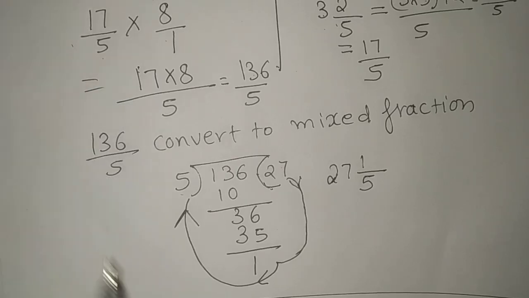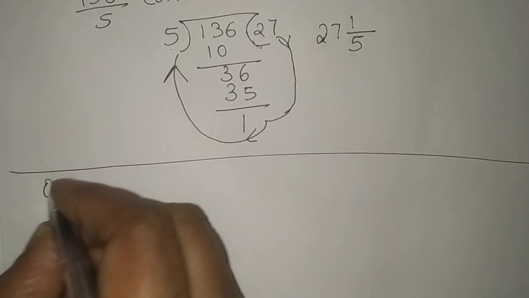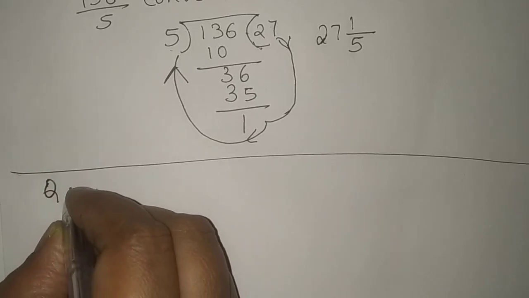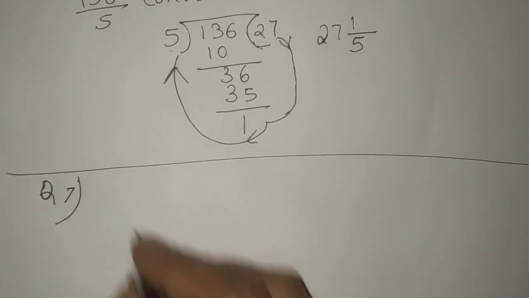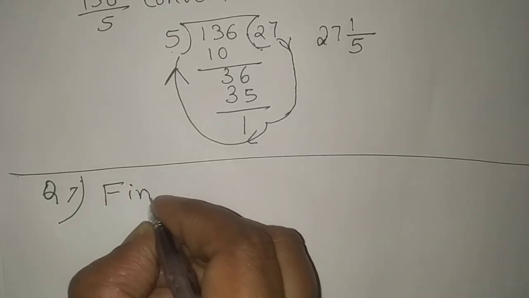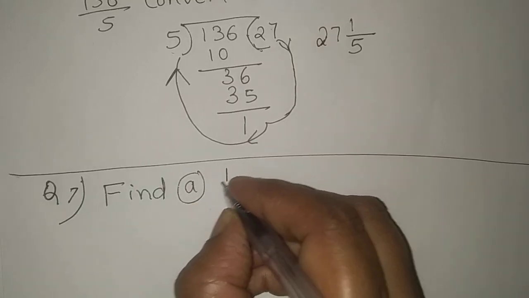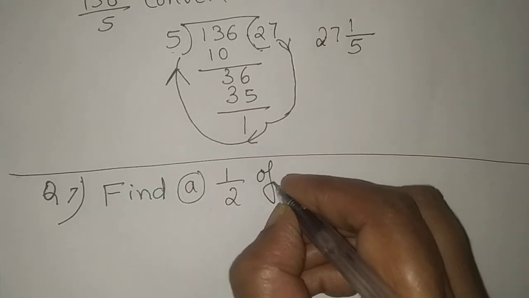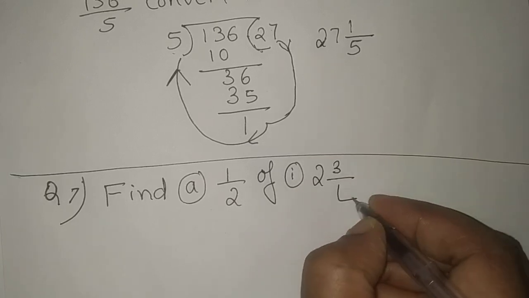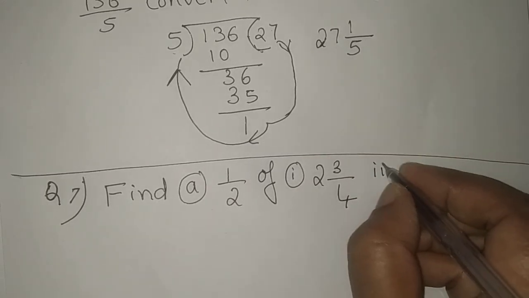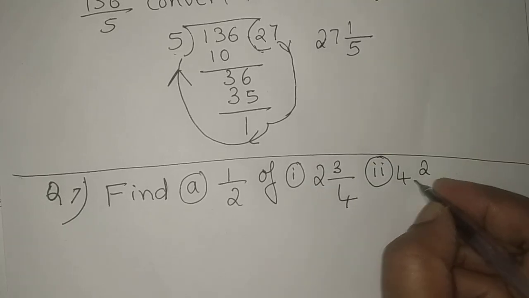Question 6 we finished. Now we continue with question 7. Question 7, find a of, first is 2 3 by 4 and second one is 4 2 by 9.